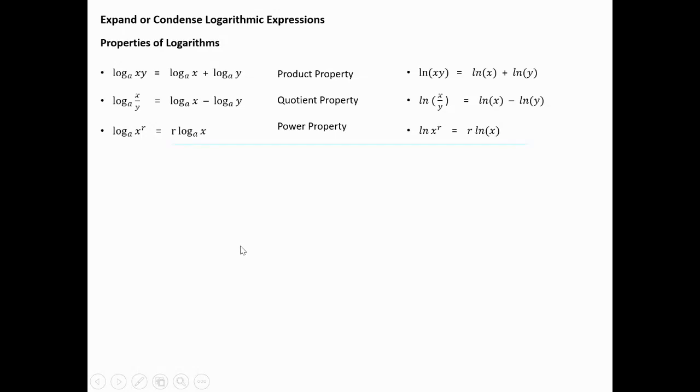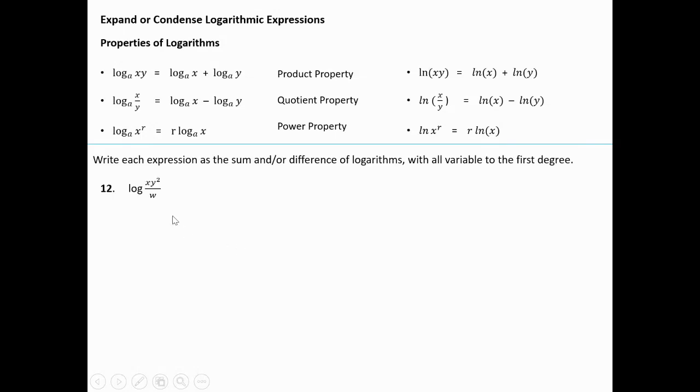Okay, now let's try another one. Which properties are present? Here, all properties are present. We got the product, we got the power, and we got the quotient. So why don't we start with the quotient.